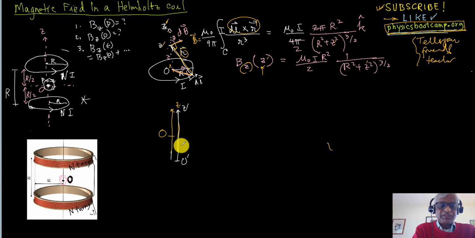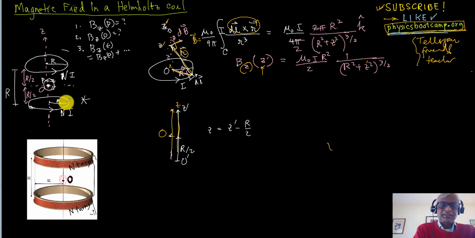Then this distance is R over 2, then you can see the Z is Z prime minus R over 2, because when Z prime is R over 2, then Z is 0.